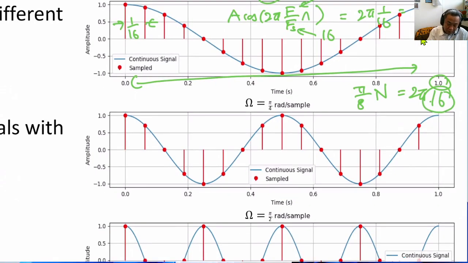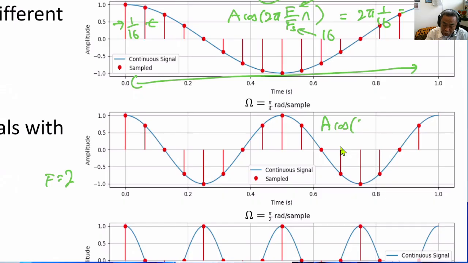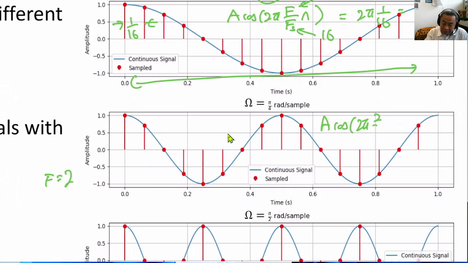What about here? Now capital F is equals to 2 in the second example. And if you substitute this again into your equation, you'll realize that we are interested in cosine 2 pi, here is 2 now on top for the blue line. fs is still 16. And now we get pi over 4 radian per sample.